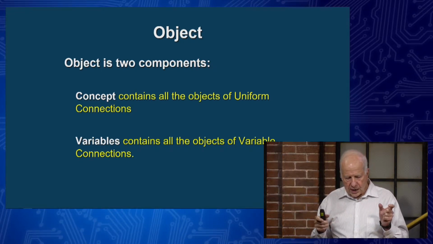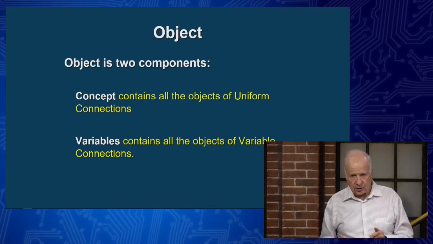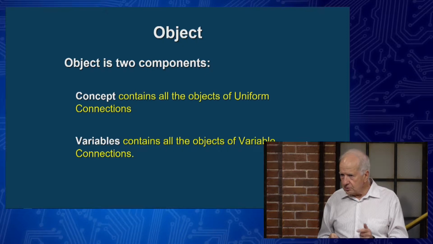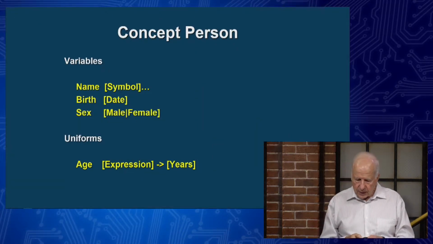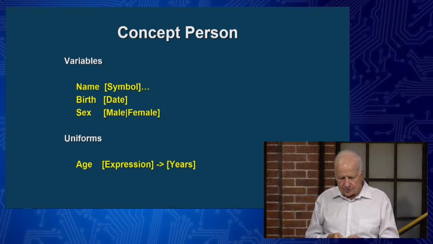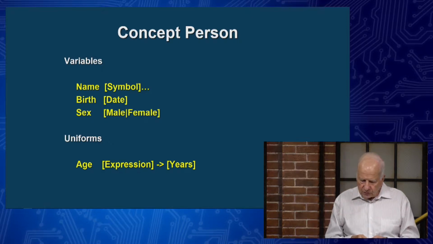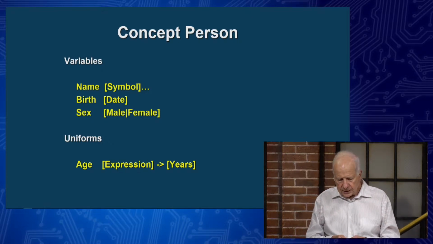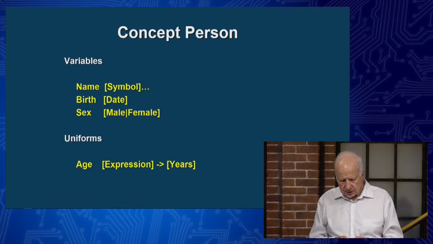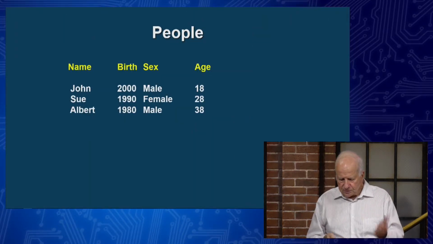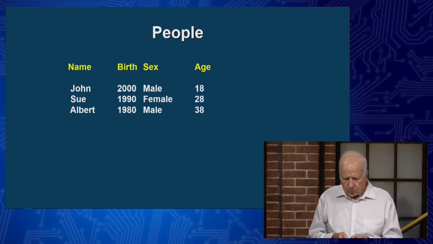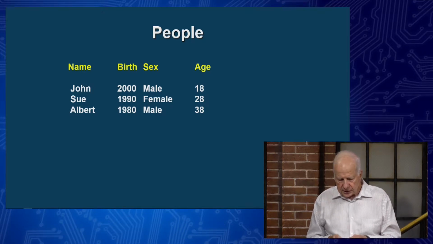So I think it's more realistic that we talk about programming using the way it's implemented. So here I just put the concept of a person, the name, a list of symbols, birth, a date, sex, male or female. Uniforms is just an expression that returns years based upon the birth date. I just threw this in here, how you would see objects, John, Sue, and Albert, with their birth date, sex, and age.